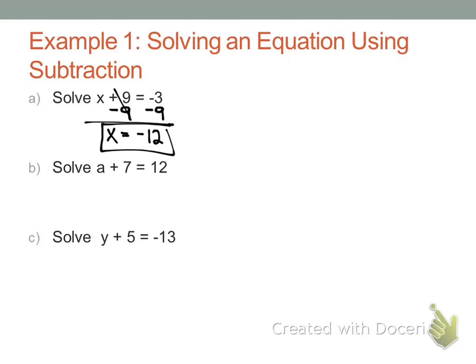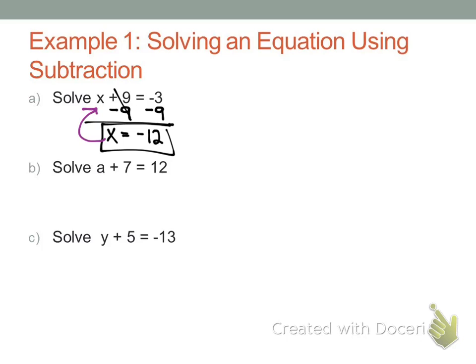Now, there is a way for the next quiz and test to turn in your test and know without a doubt that you got 100 on the test, because it's possible to check your solution on all of these equations. What you do, and we did this yesterday in class, is test the solution back in the original equation.